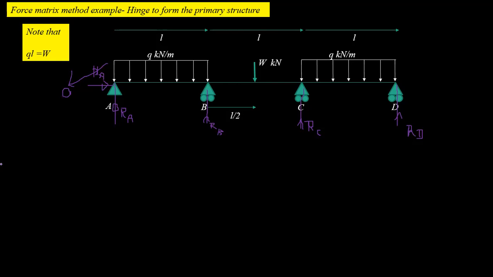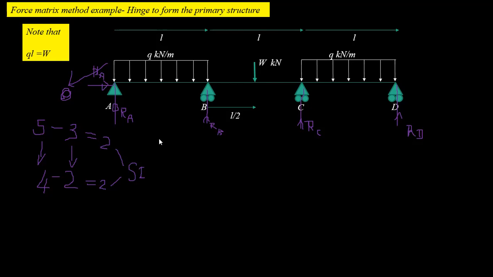So originally you had 5 unknowns and 3 equations, but now 5 becomes 4, and the equations become 2. So your statical indeterminacy remains 2. This is very simple.